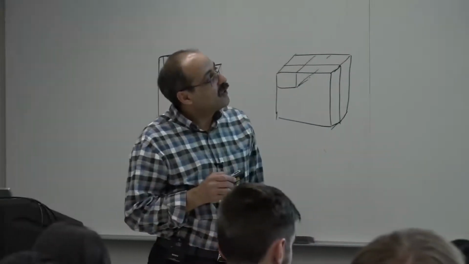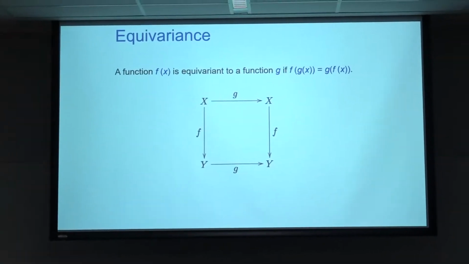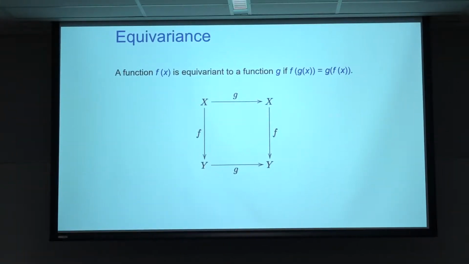So this is the definition of equivalence. If you have two functions f and g, and if f of g of x is equal to g of f of x, then by definition, function f is equivalent to function g. And this is an example.